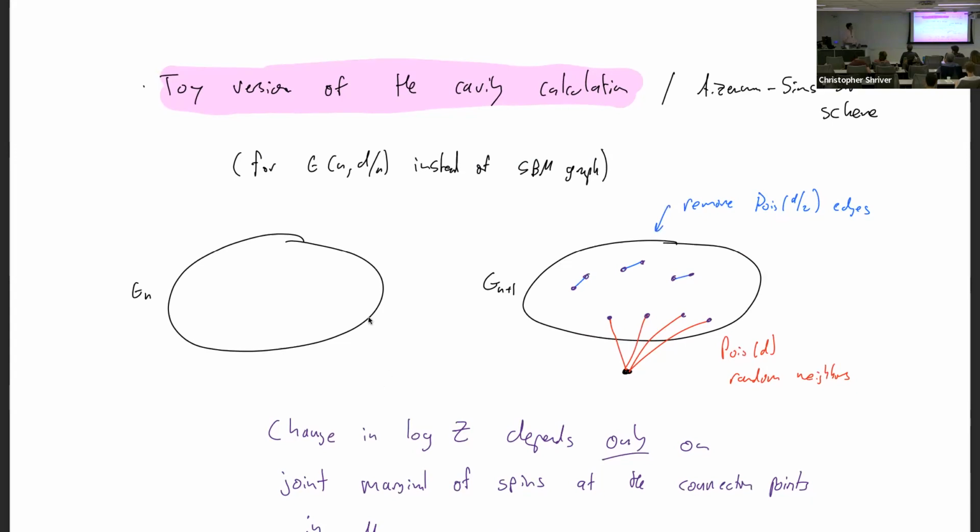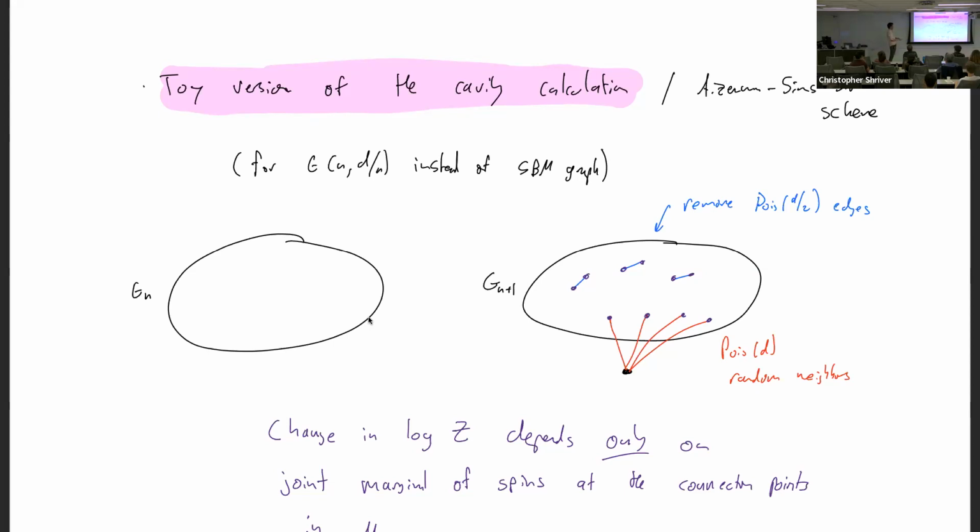If you've studied random graphs, you can try to come up with this yourself. How would you couple a sparse random graph on n vertices with a random graph on n plus 1 vertices? Gn is my Erdős-Rényi random graph on n vertices. Gn plus 1 has one more vertex. Well, I have to add the vertex, of course.